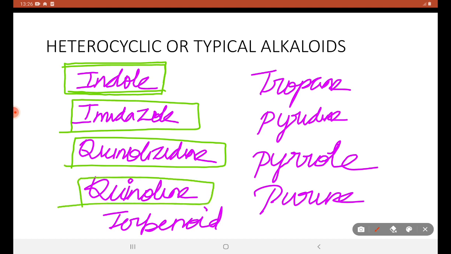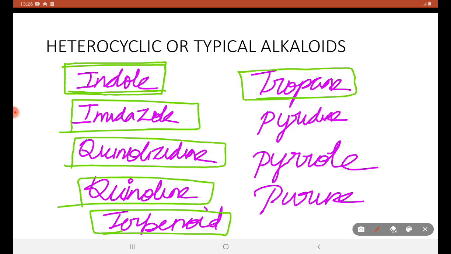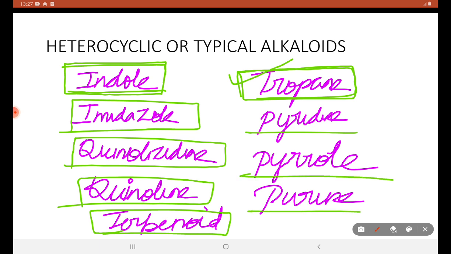In case of terpenoid, we have aconitine. Atropa belladonna, atropine. Pyridine, nicotine. Pyrrole, hygrine. Purine, caffeine. Terpenoid, aconitine.